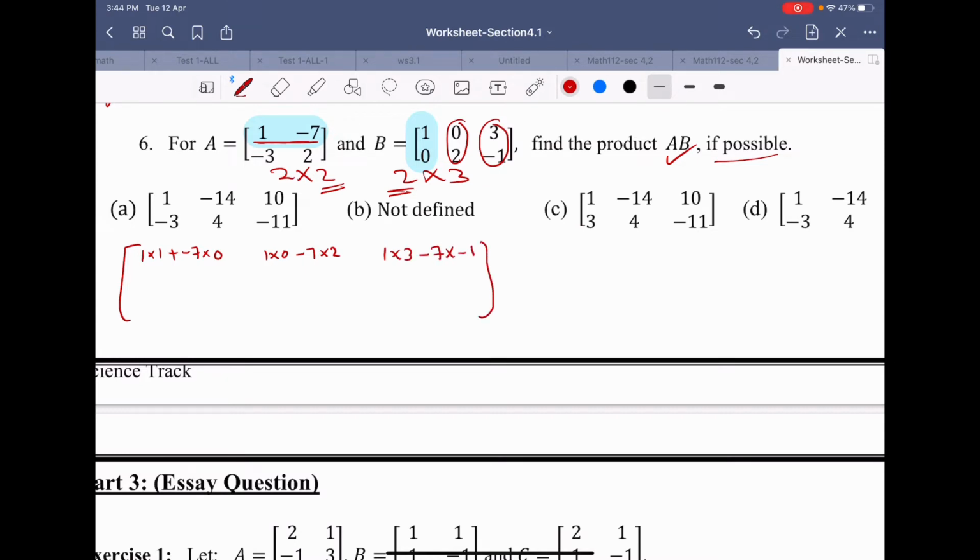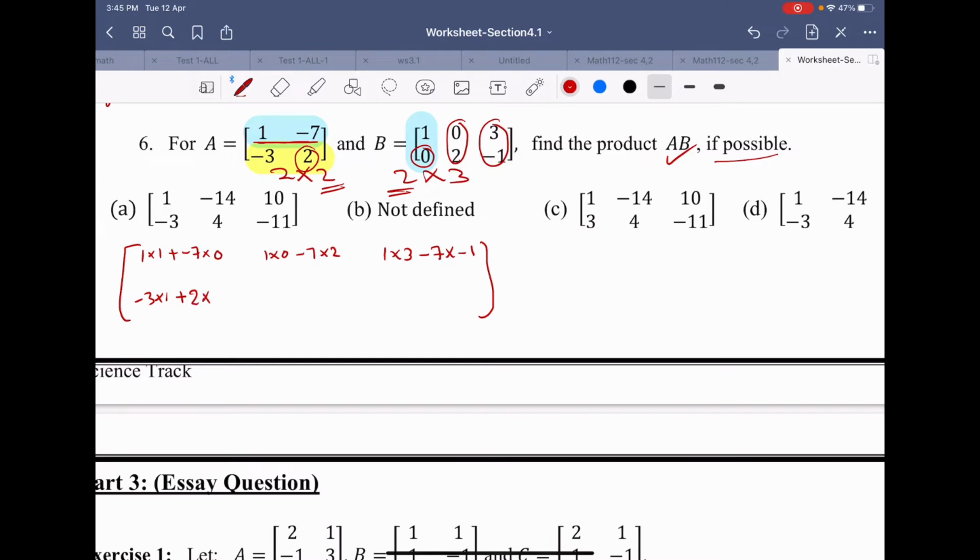I will repeat the same thing now with the second row. So -3 times 1 plus 2 times 0.